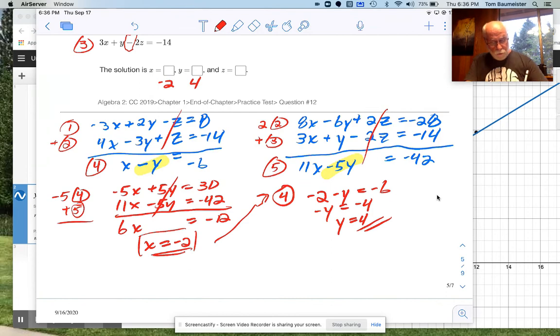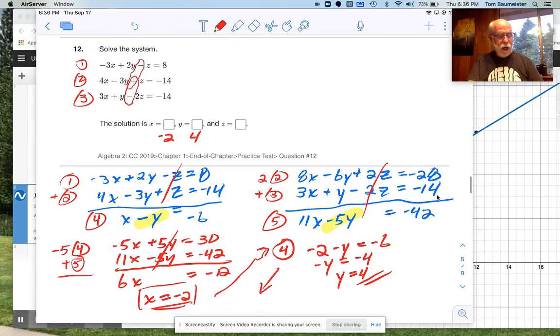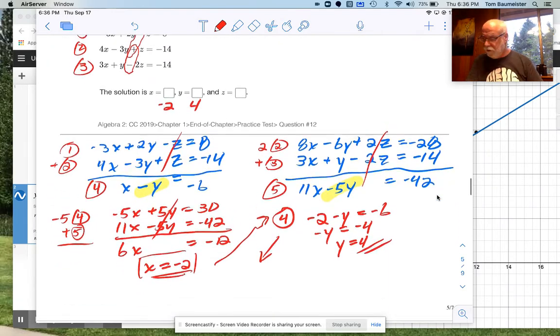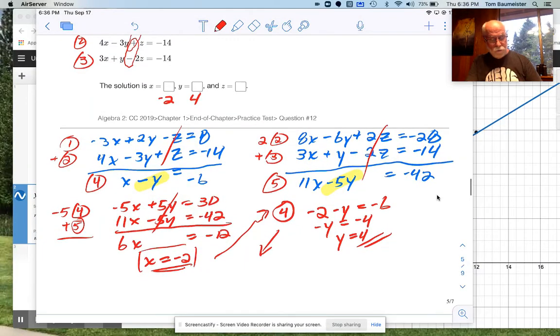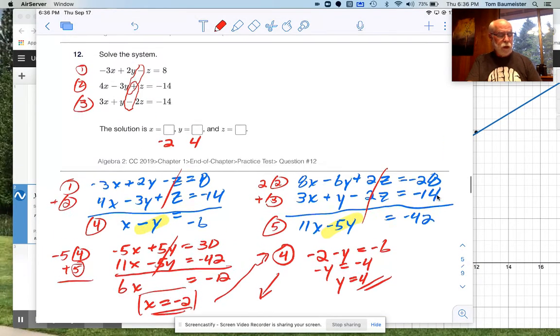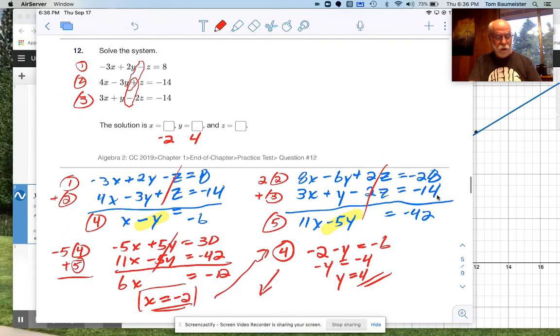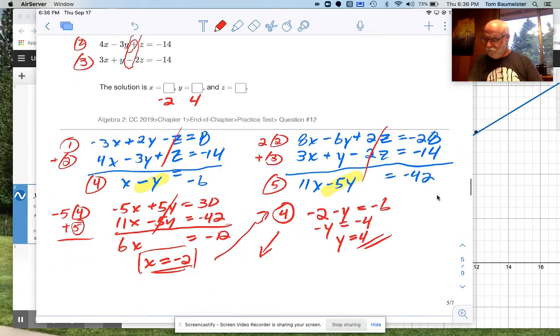And then again, I'm going to choose either 1, 2, or 3 from above. And I chose 2 just because z is positive, and that's the one I have to solve for. So again, wherever I see x, I'm replacing it with -2. Wherever I see y, I'm replacing it with +4.